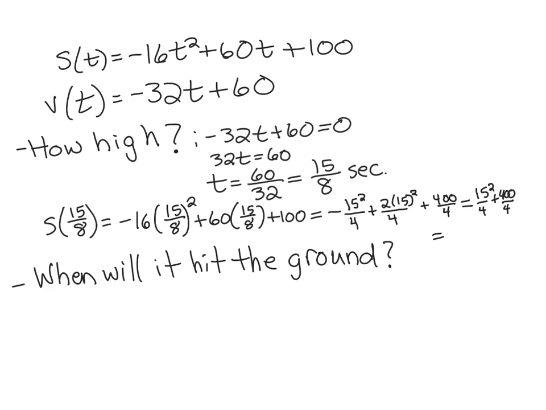And I'm too lazy to reach for the calculator, so give me a second here. 15 times 15, I have 10 of them. Then I've got 5 times the 10 and 5 times the 5, and I get 225. Okay, so 225 plus 400 gives me 625 over 4.